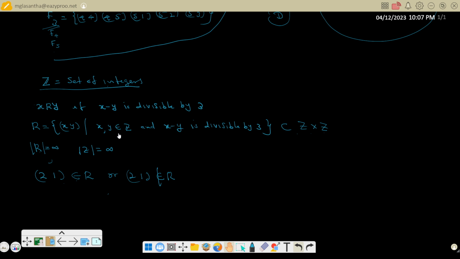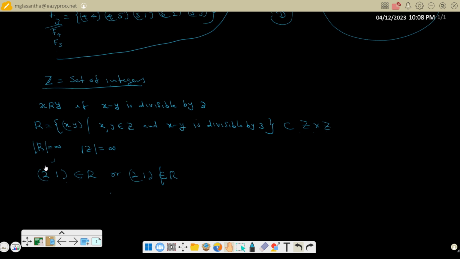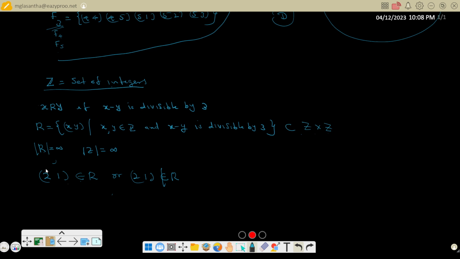Let's say I am giving this (2, 1). I am asking, does (2, 1) belong to R or does (2, 1) not belong to R? Can you tell me? The first number is the x value, and this is y.